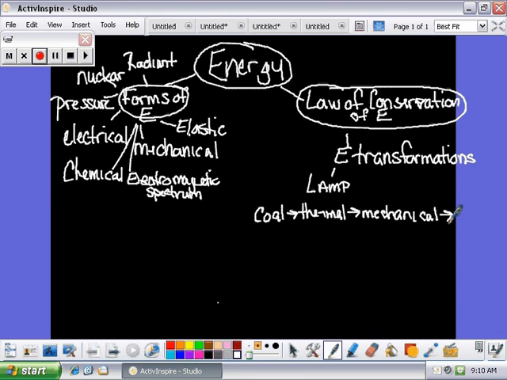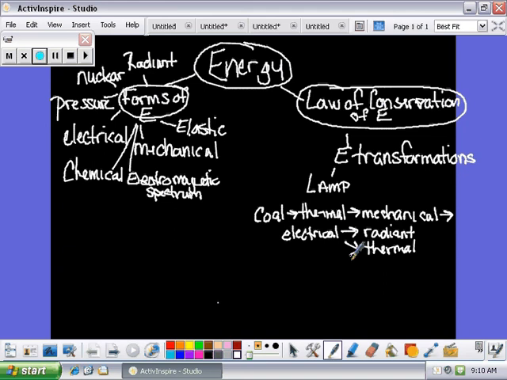Then it turns it into electrical. Then that electricity comes to the lamp and turns into radiant and thermal. And it all depends on what light bulb you use too. So you can get both. Does that make sense?